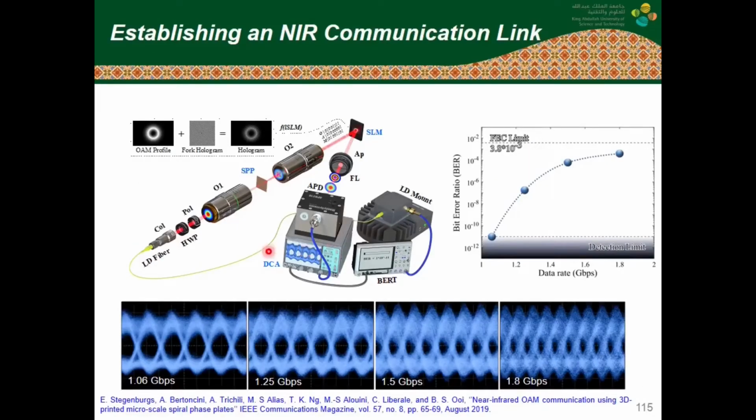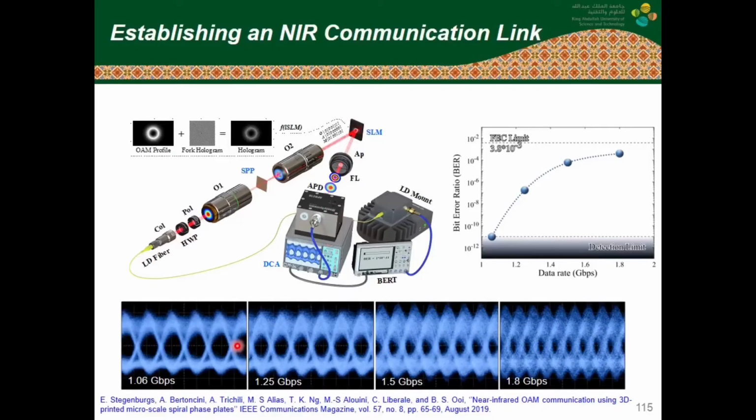To test the performance of the 3D printed spiral phase plates, we used them to establish a near-infrared FSO link on a laboratory test bench using a bit error rate tester, a laser diode, a spatial light modulator for the demultiplexing, and an avalanche photodetector to decode the data.